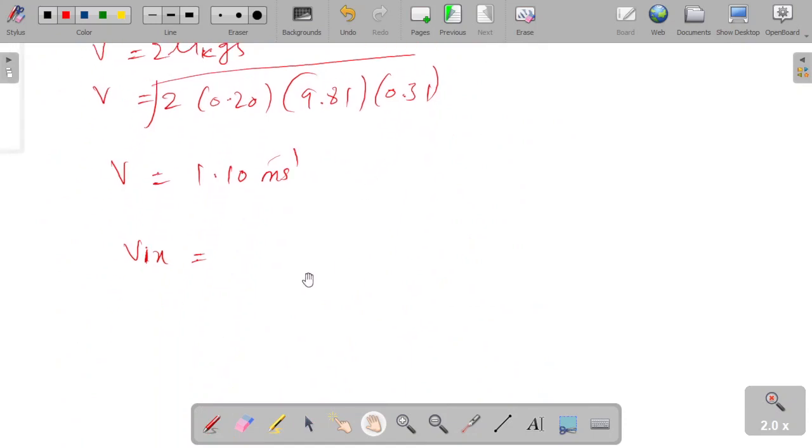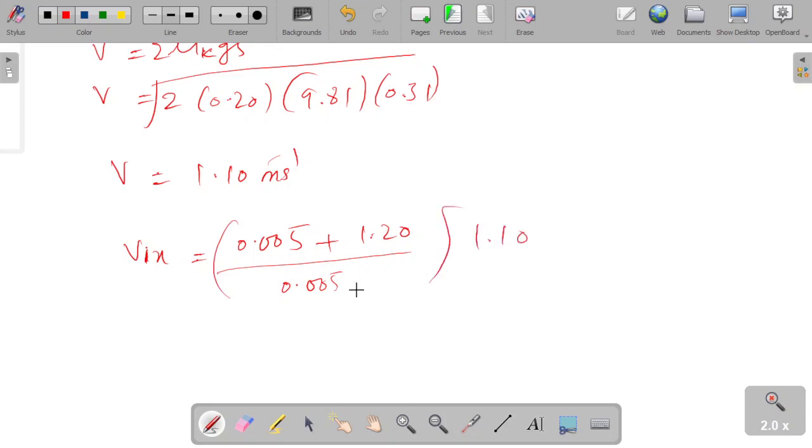Putting all the values in equation 1, you can find out that m1 was equal to how much? 0.005 plus m2, which was actually the mass of the block, 1.20, divided by m1 0.005, and the velocity becomes 1.10. After putting all these values and calculating, I think you can easily find out the value.